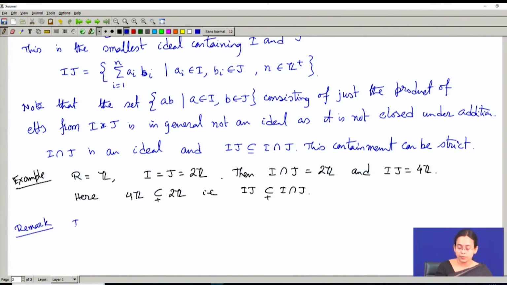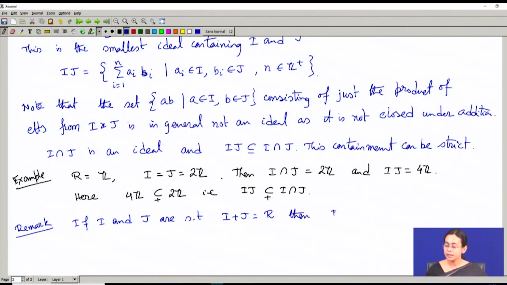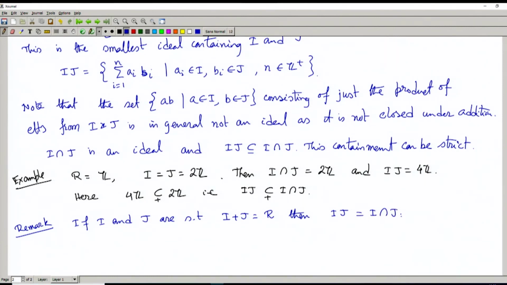If I and J are such that if I add them, then this is nothing but the whole ring, that means I plus J is the whole ring, in that case I have that this product is the same as the intersection. So, under this condition, when the sum of two ideals is the whole ring, their product and intersection are the same thing.